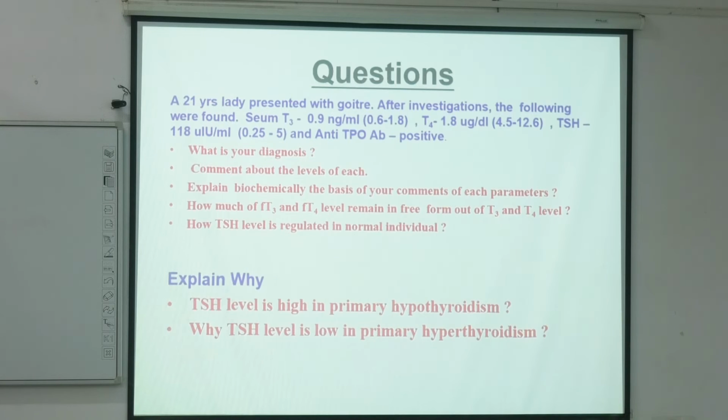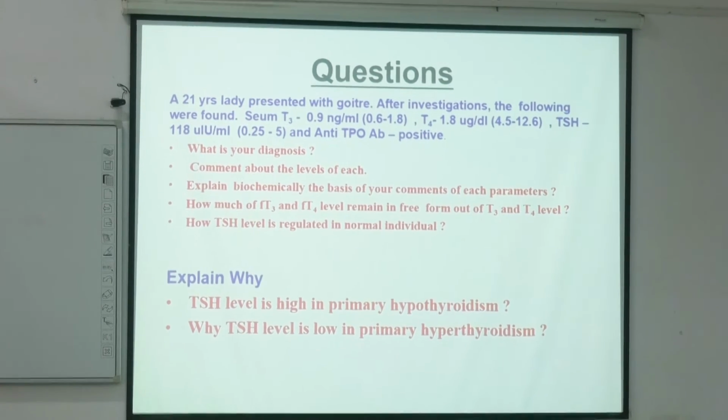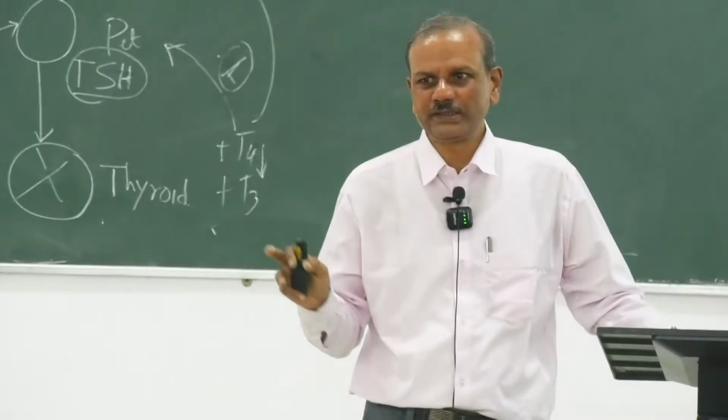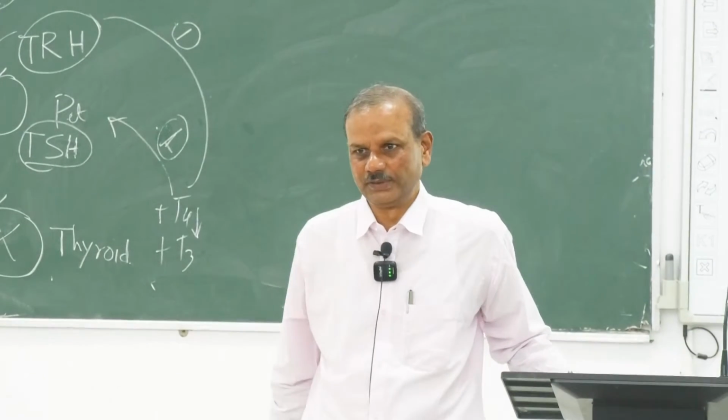Next. So after this, there will be a question, and you have to answer this type of question. Try to concentrate on this. Say a 21-year-old lady. I had no intention to make this question, but keeping in view your first professional examination, I am a little worried that you are not having a clinical orientation, but clinically oriented questions are given.